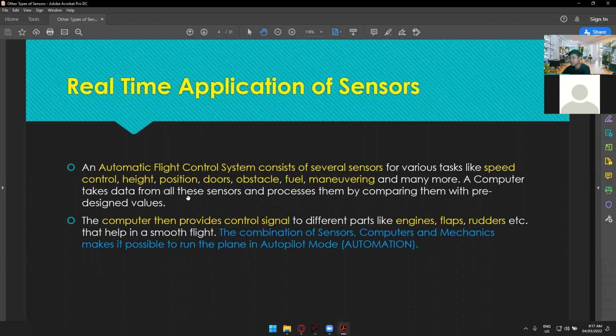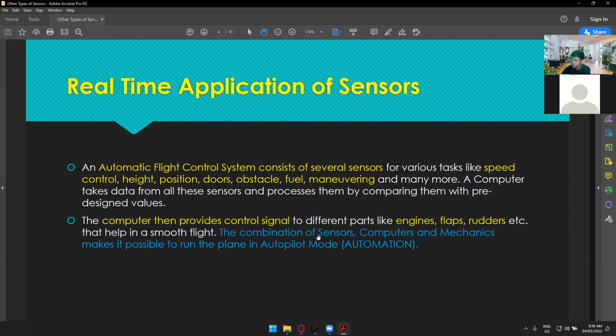The computer takes data from all the sensors and processes them by comparing them with pre-designed values. I will not go further into speed control, height, and so on, just to give you an idea of what is happening with this automatic flight control system. There's more explanation about how to automate engines, flaps, and rudders.